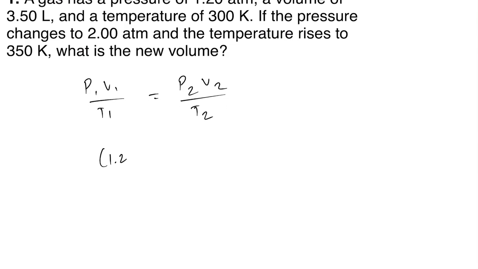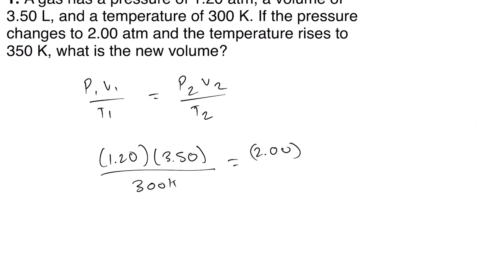That's going to be 1.20 times 3.50, and then our initial temperature is 300 Kelvin. That's going to be equal to our final pressure, which is 2.00 atmospheres, times V2, which we don't know, all over our final temperature, which is 350 Kelvin.